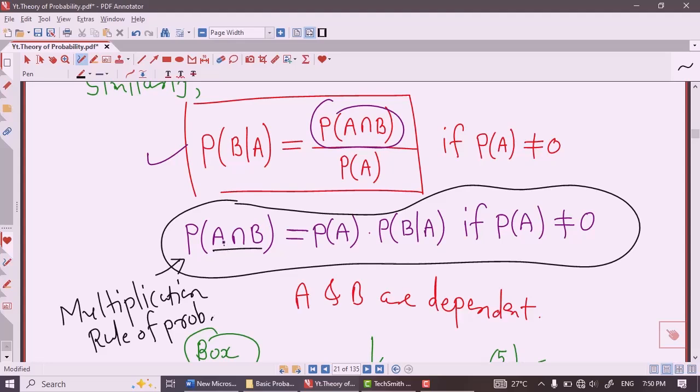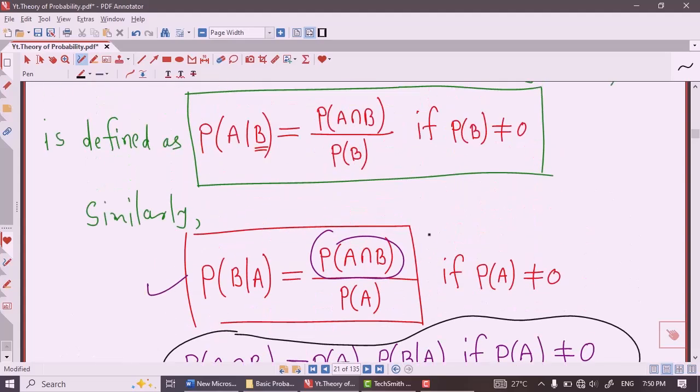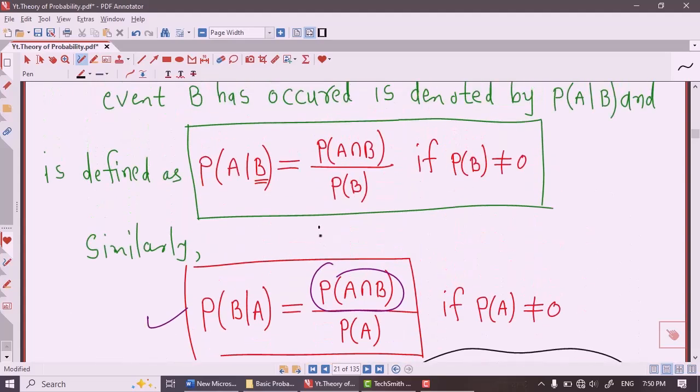And if we want to find the probability of intersection of two events, then we have this multiplication rule, where probability of B given A is the conditional probability of B given that A has occurred. We can write this multiplication rule from this also.